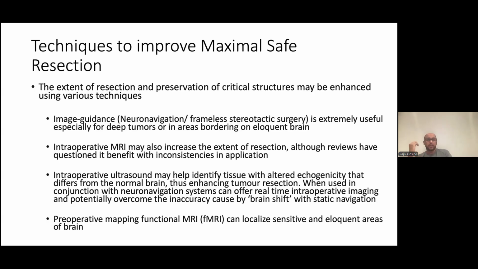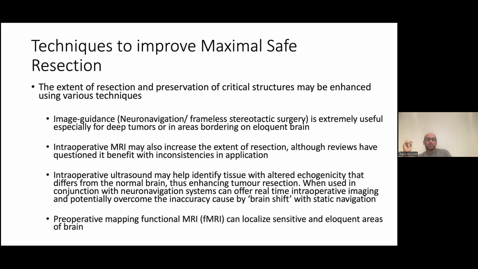These include image guidance, such as neuronavigation or frameless stereotactic surgery, and this is extremely useful for deep tumors or in areas that border eloquent brain. Intraoperative MRI may also increase the extent of resection, although reviews have questioned this true benefit because of the inconsistencies in application. Intraoperative ultrasound may help identify tissue with altered echogenicity that differs from normal brain, thus enhancing tumor resection.